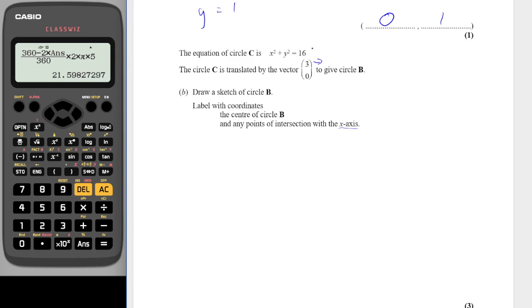Okay, so the center of this circle is 0, 0, and it has a radius of 4. So if we are moving it by a scale of 3 across, 3, 0 is going to be our centre.